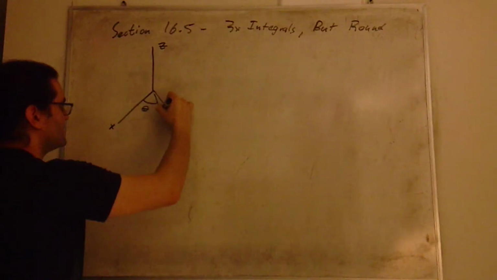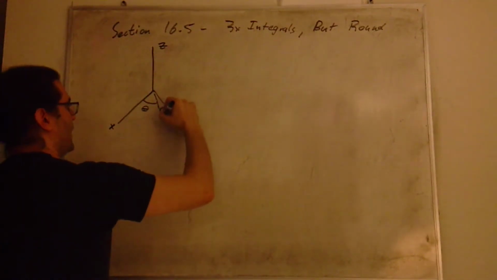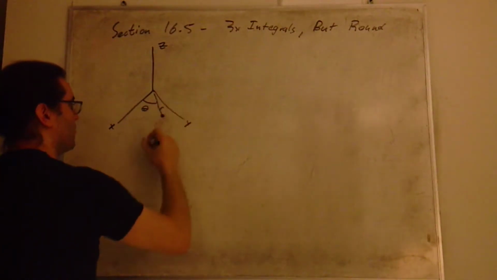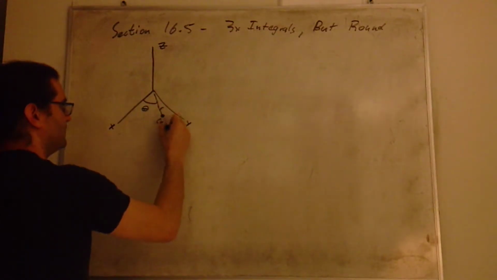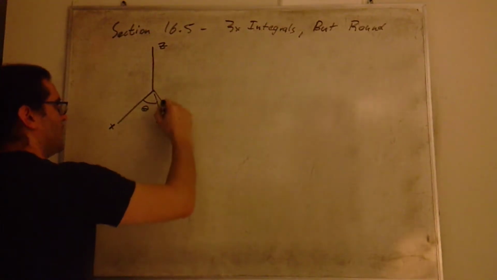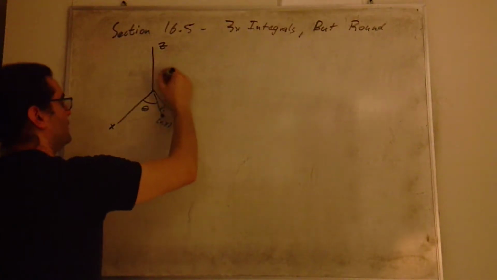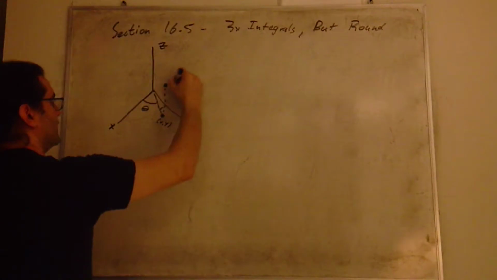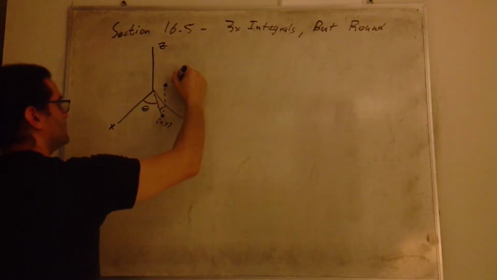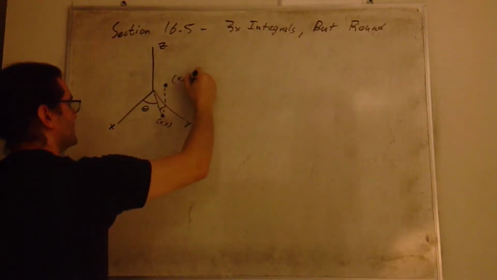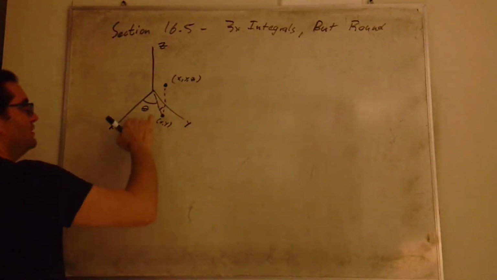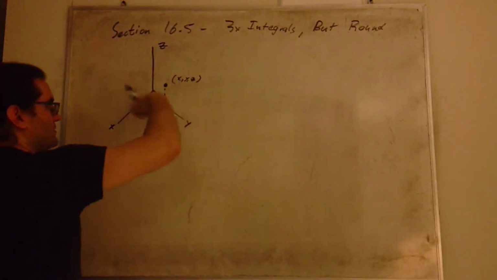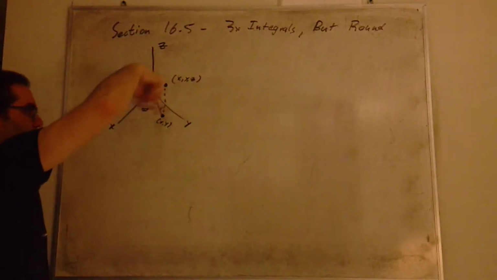This distance is still r, and then this will give you a point on the xy plane. And then above that, you'll have a z coordinate. So this will give you your x, y, z coordinates. We're just using r and theta to sort of get around the xy plane.